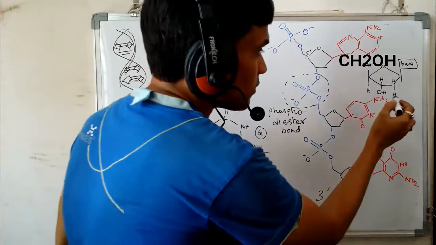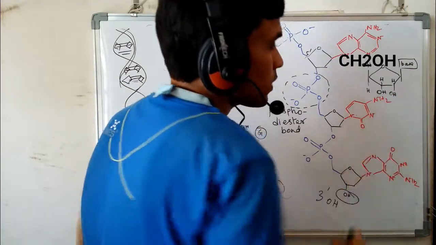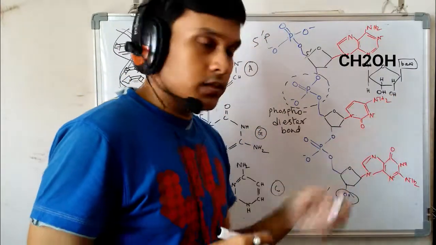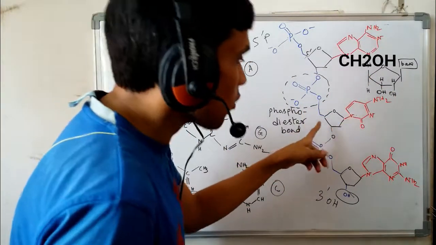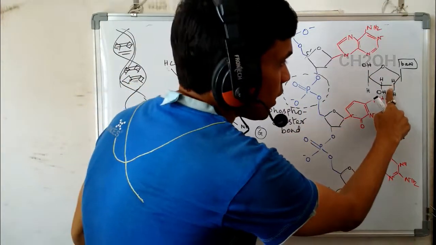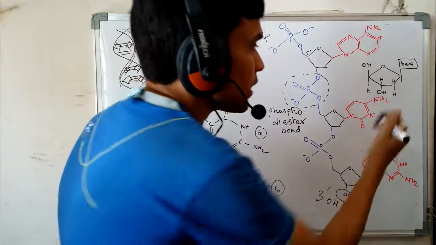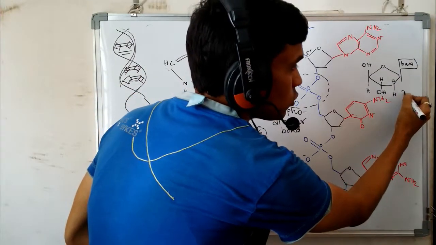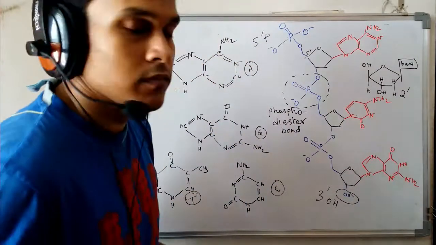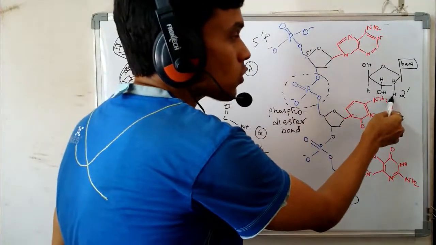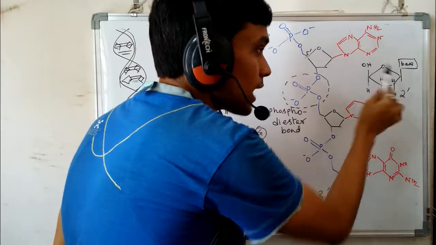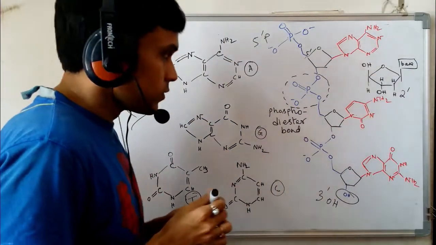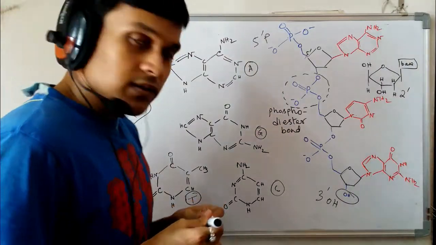Here you can see there are 2 OH. But if I consider the ribose sugar of DNA, it is devoid of this OH and has only H at the 2' position. That is why it is called deoxy. It is devoid of oxygen. That is why it is called deoxyribose. I hope it is clear to you.